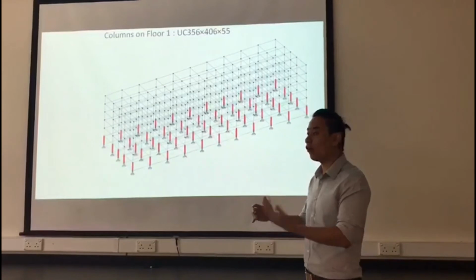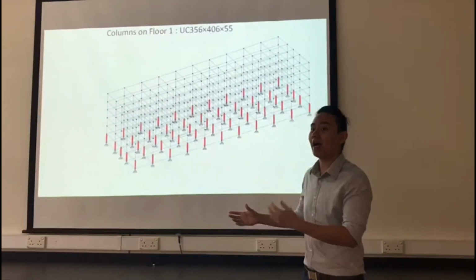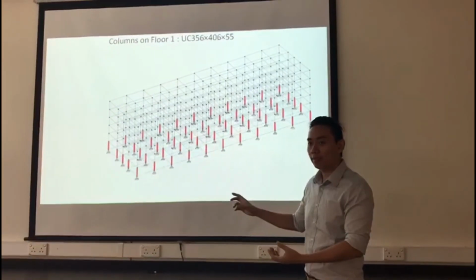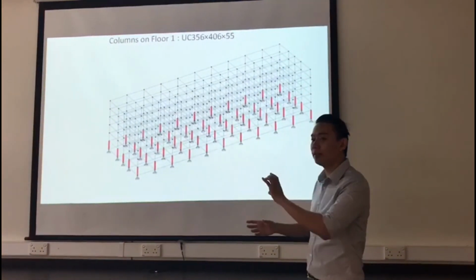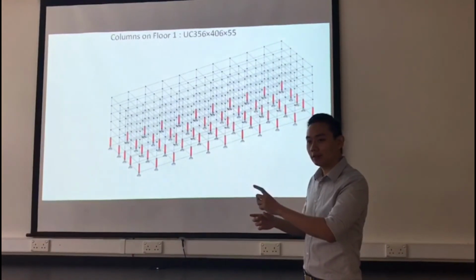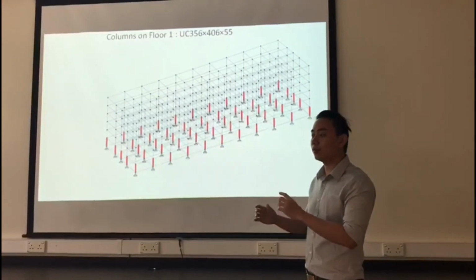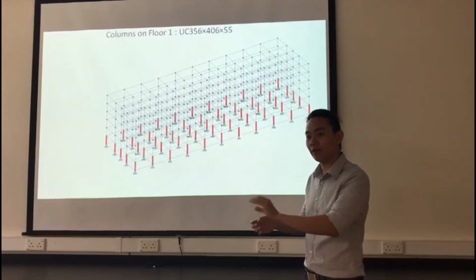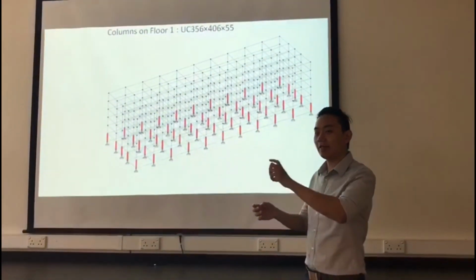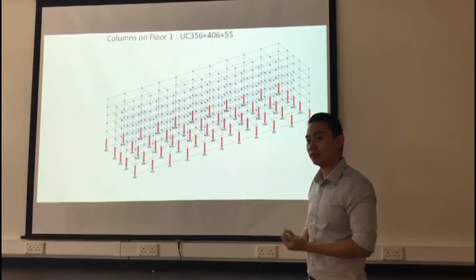In order to make this structure safe, we have to use higher properties for the columns. But if we use the higher property steel for every column, it will cost us a lot. That's why we analyze level by level, and for each level we try to find the cheapest and most suitable column to be used.